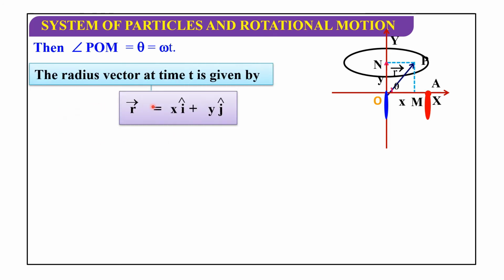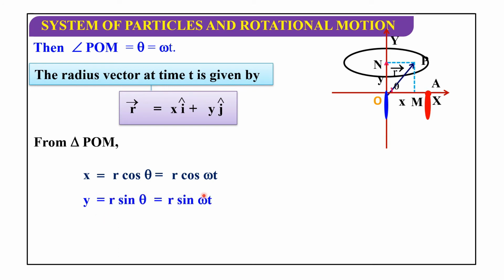The radius vector at time t is given by r bar is equal to x i cap plus y j cap. From triangle POM, x is equal to r cos theta, that is r cos omega t, and y is equal to r sin theta, that is r sin omega t.